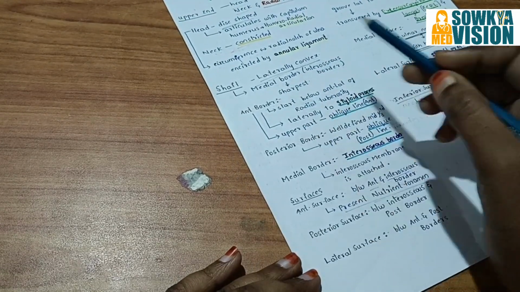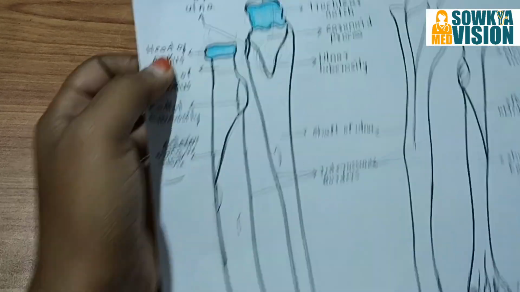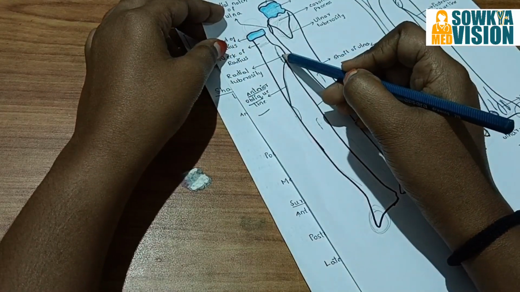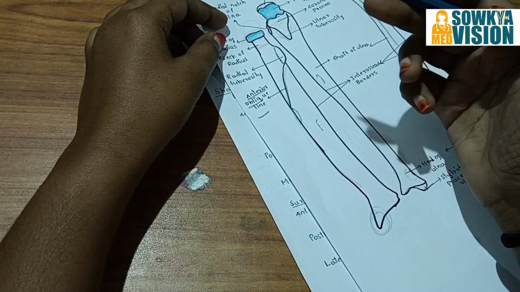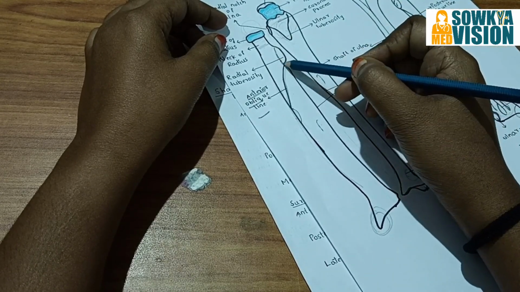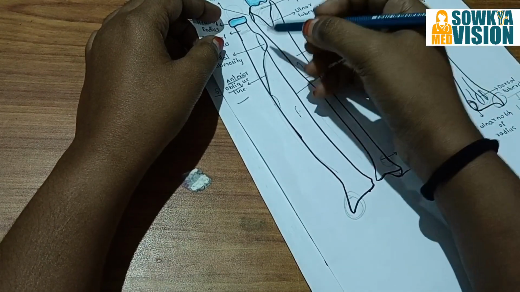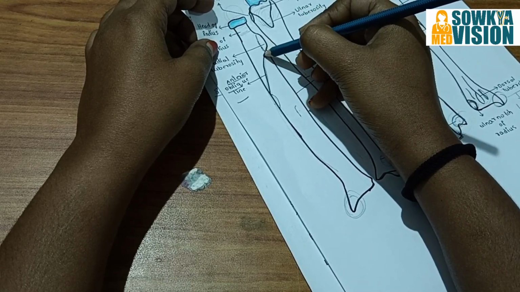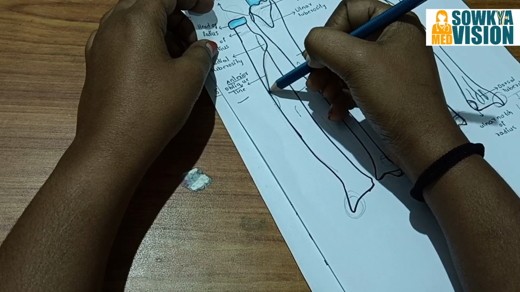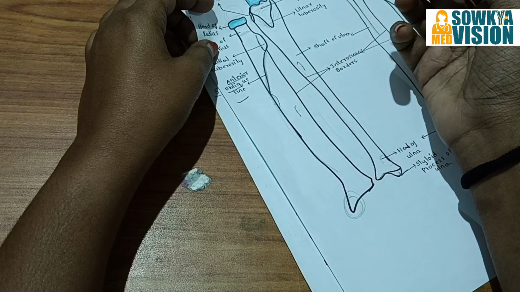Let's see anterior border. It starts below the anterolateral of radial tuberosity. As I said, this is the radial tuberosity giving insertion of biceps brachii. So the anterior border is extending from below the radial tuberosity. At the top, it is represented by the anterior oblique line.